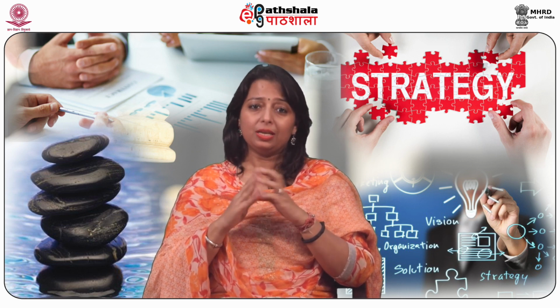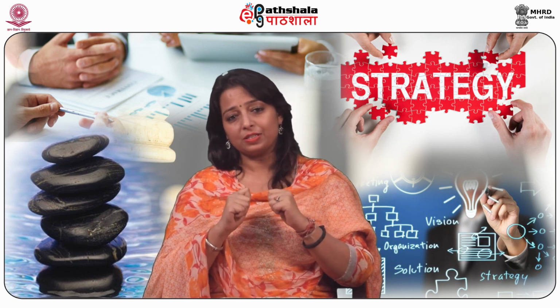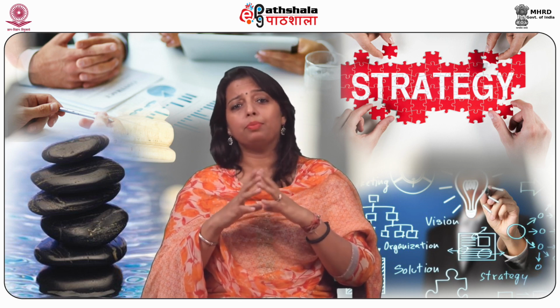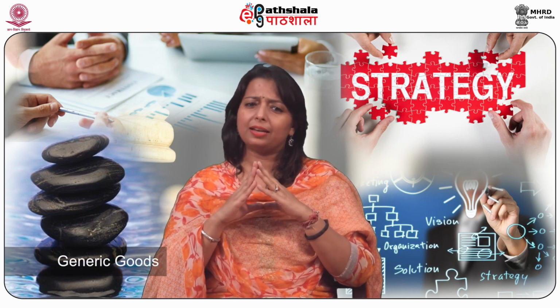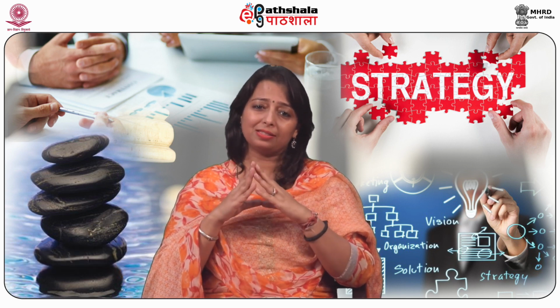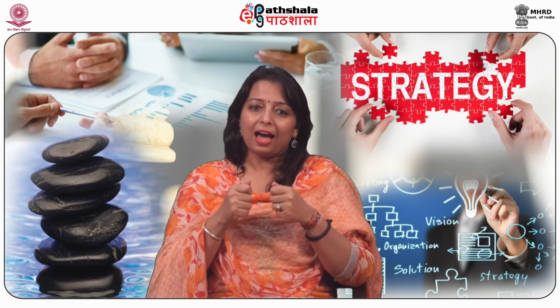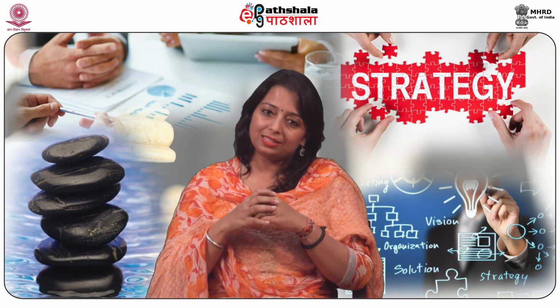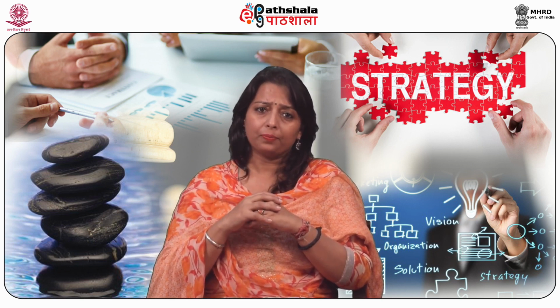This strategy is mostly used when the products and services offered by company are standardized and generic goods that have a wide customer base, so that the company can offer at lowest price while still making above average profit.